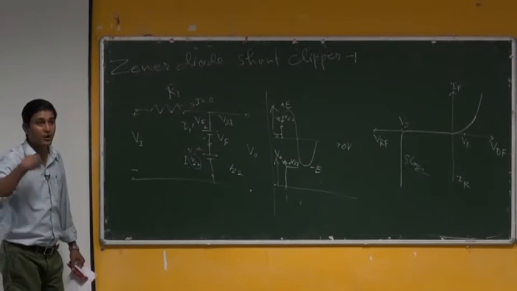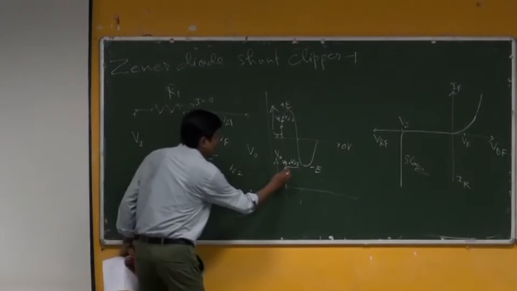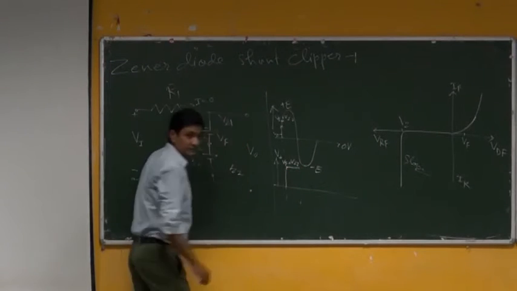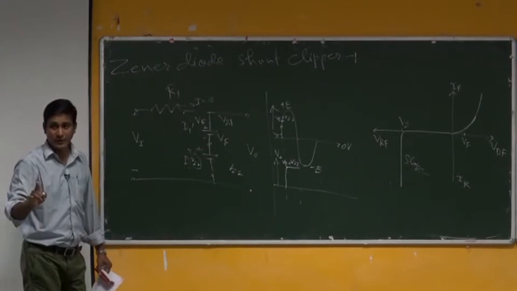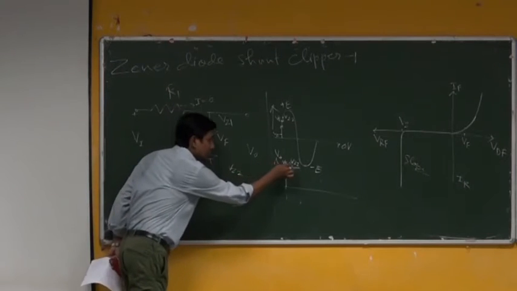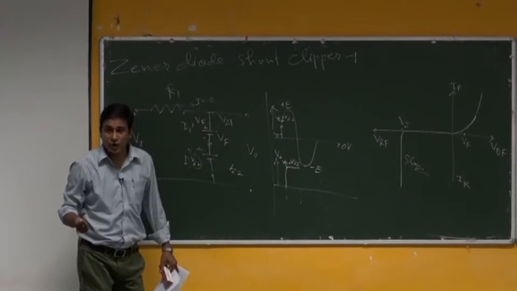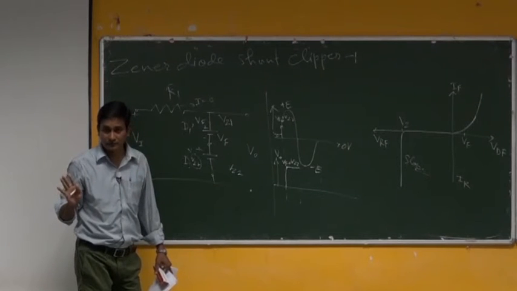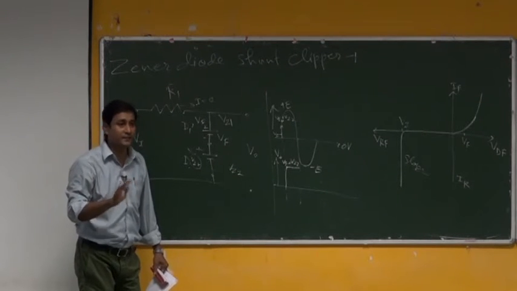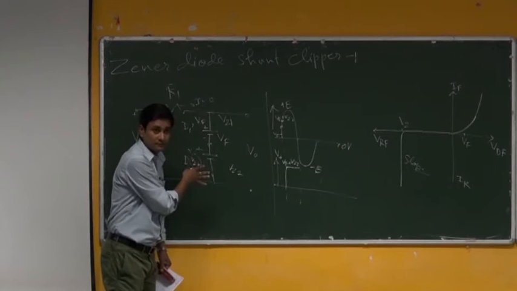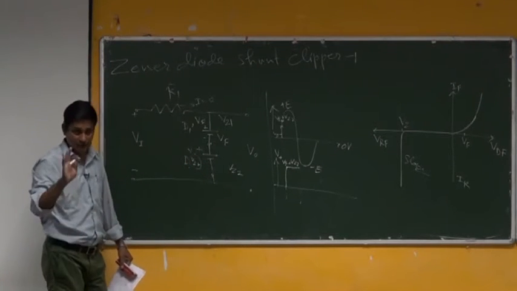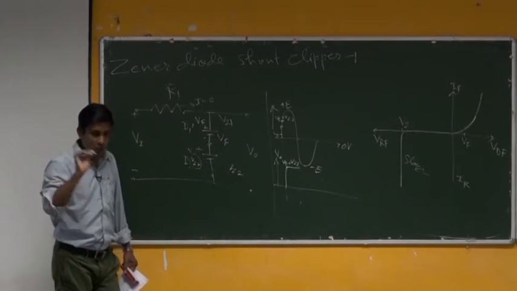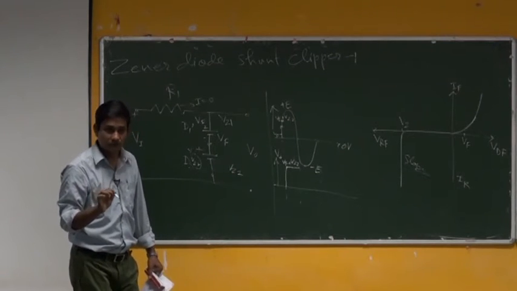Now, beyond that, just after Vz2, why is it clipped? That is the question. Few people were asking why somebody is absorbing. Don't use the word absorption here. Nobody is absorbing. It is getting clipped because of the circuit condition. How? It is like this. I object to that word, absorption.